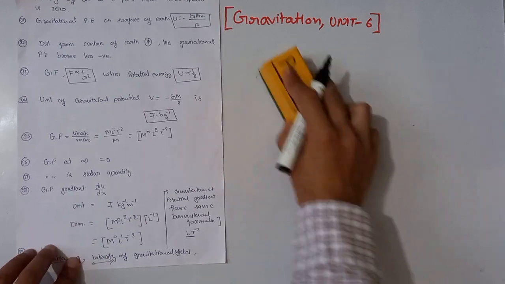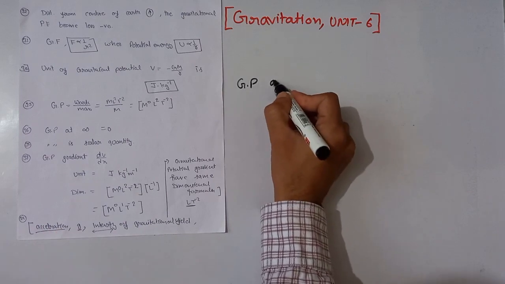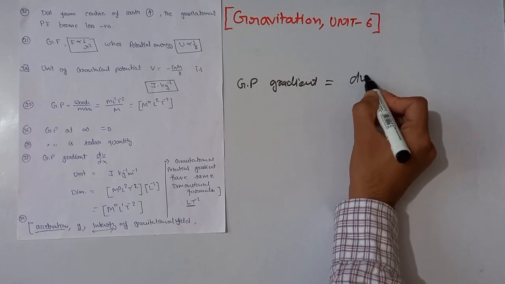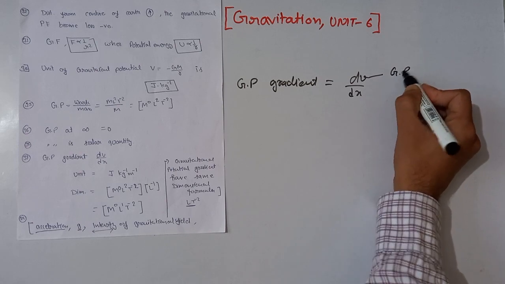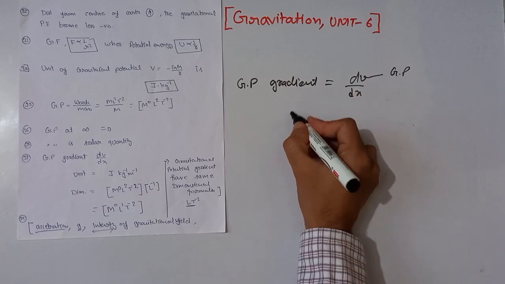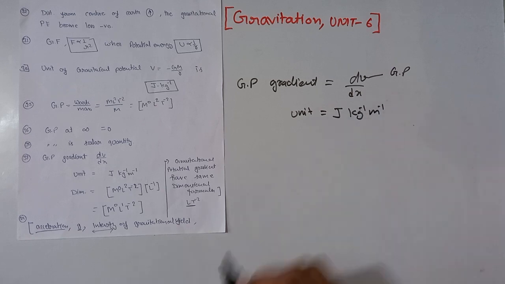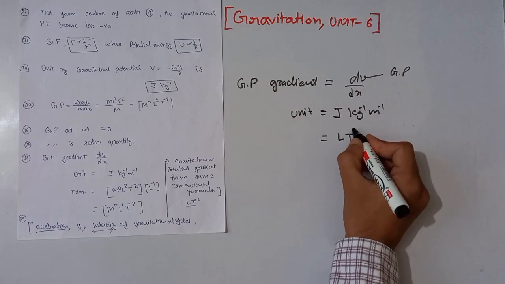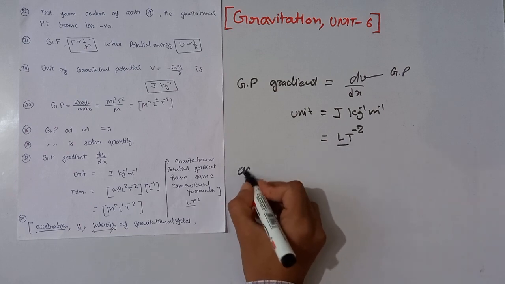Our next important key point is gravitational potential gradient, which is equal to dV divided by dx, where V is the gravitational potential. Its unit is Joule per kg per meter, and its dimensional formula is LT minus 2, which is the same as that of acceleration.